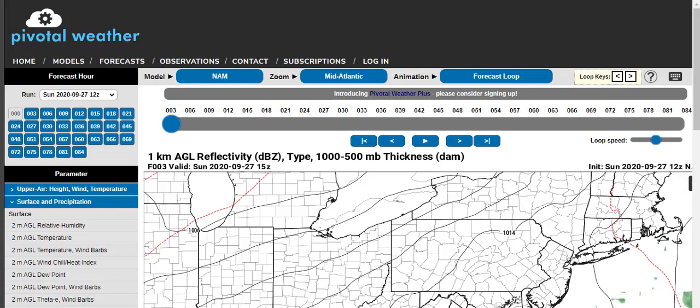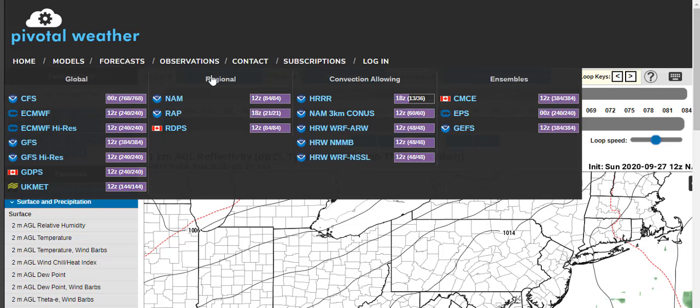And after using Pivotal Weather, here you see that there's a bunch of different models that you can use. So we have the ECMWF, which is the European model, which is fairly hard to find for free just because it's from the European Center for Medium-Range Weather Forecasts, and therefore, since we live in America, you have to pay for that data.